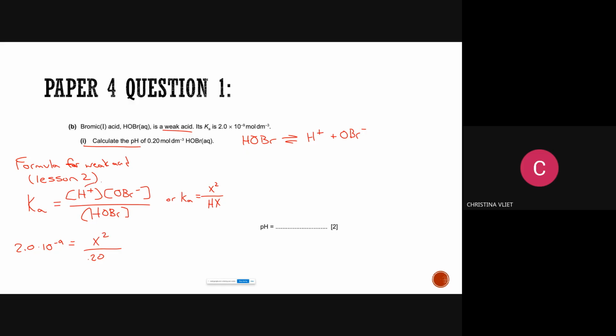But if I remember those two are equal to each other, so if I'm solving for one of them, I can call them both x, the same. So then now I'm going to solve for x. So I multiply both sides by 0.2. I have to do my algebra thing. And then I get, flip my paper. I get the 4 times 10 to the negative 10.